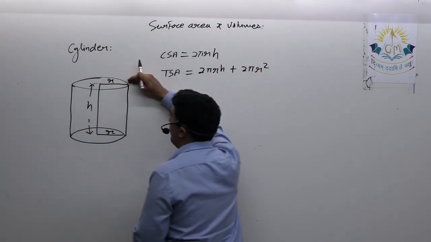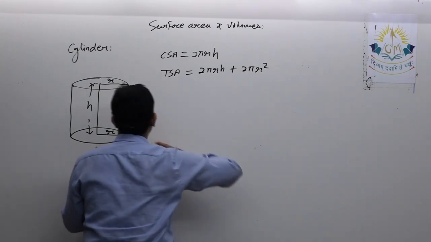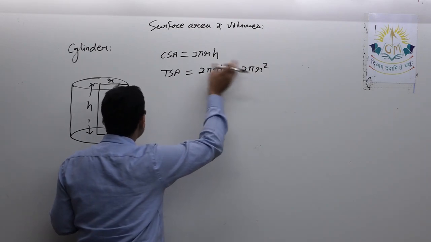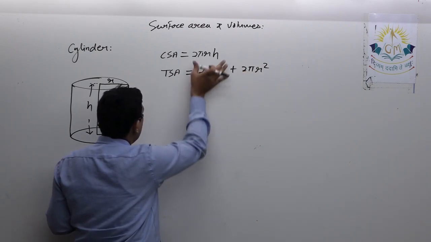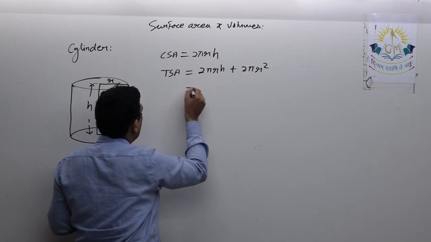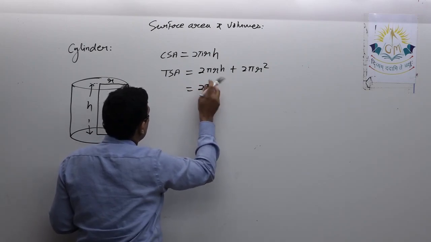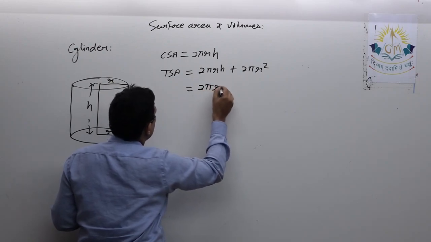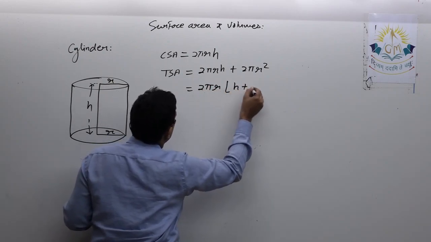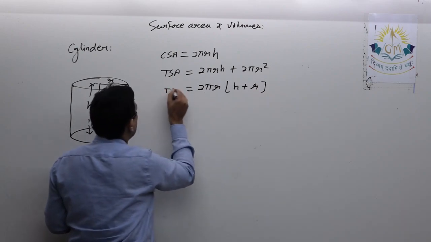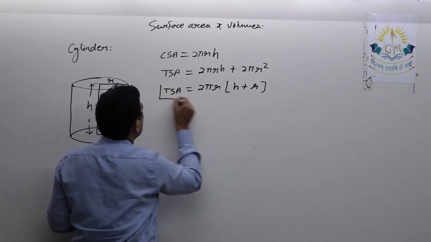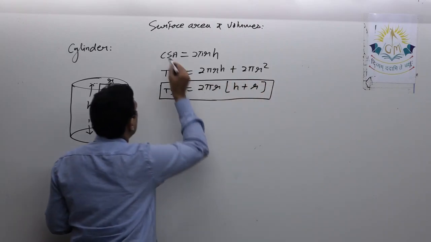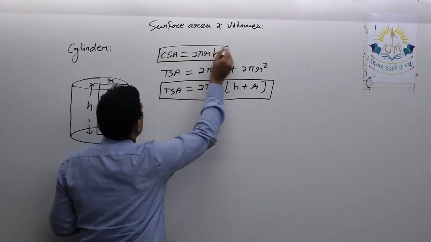Because one is at the top and another one is at the bottom. So if I add the area of these two circular faces in the curved surface area, I will get the total surface area. Now here definitely it is possible to take something common, so I can take 2 pi r common, so here I will get h plus r. So in this way, this is the total surface area of the cylinder. Okay, and that was the curved surface area of the cylinder.